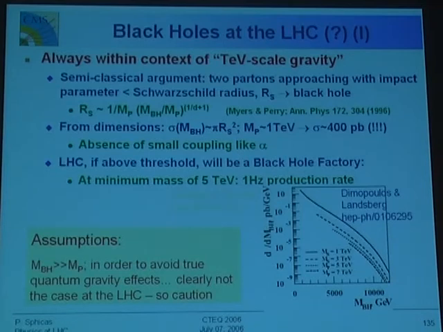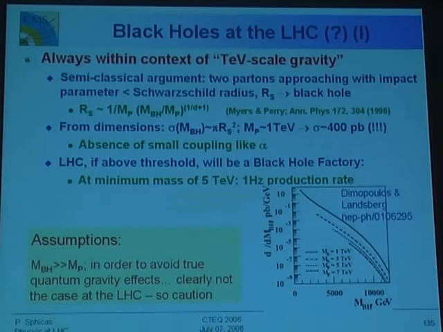So, there's a semi-classical argument that says that you take 2 partons and you squeeze so much energy into a very, very small area, such that you basically exceed the corresponding mass, that radius has as Schwarzschild radius of the corresponding black hole mass. What that means is that you're putting that much energy, or correspondingly mass, into a smaller radius than the corresponding black hole radius.